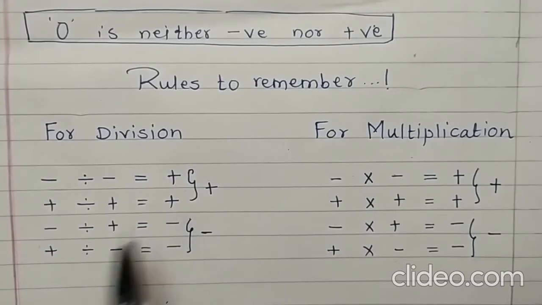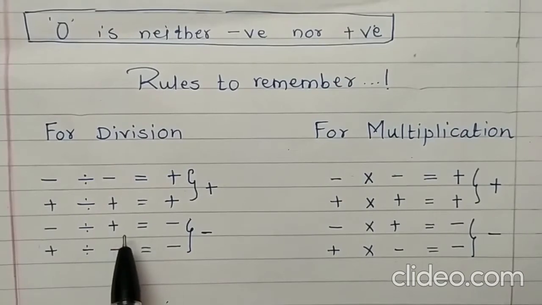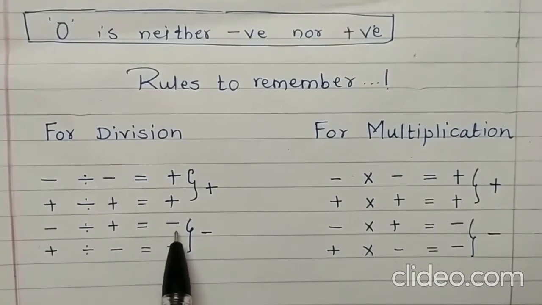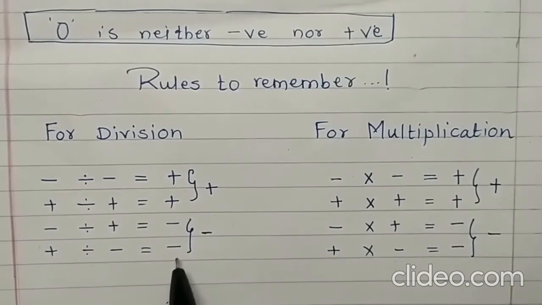One negative divided by a positive will be negative, and one positive divided by a negative will also be negative.